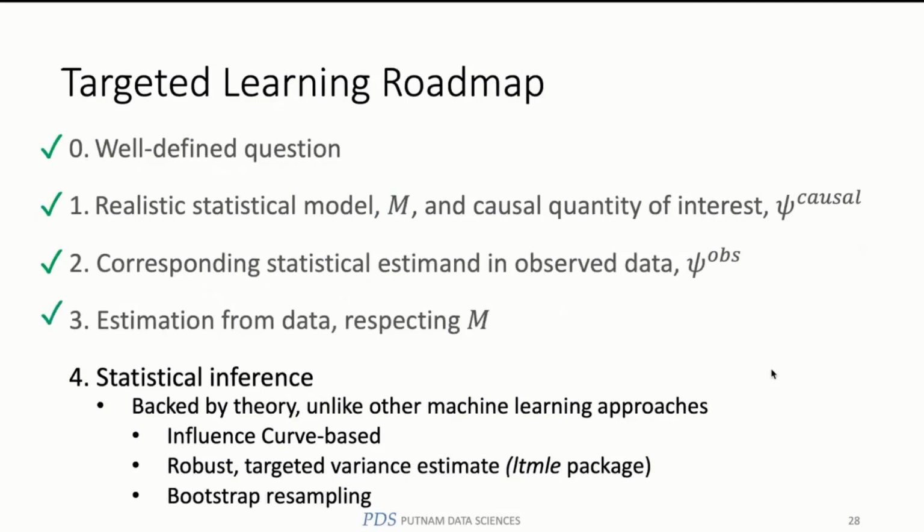That's in both the TMLE and the LTMLE packages. The LTMLE package also offers something, they call it TMLE, but it's a robust targeted variance estimate. That's a little more robust than the influence curve-based estimates. And finally, you could do bootstrap resampling.